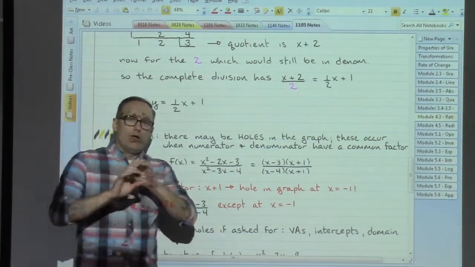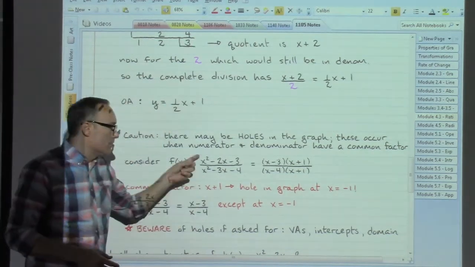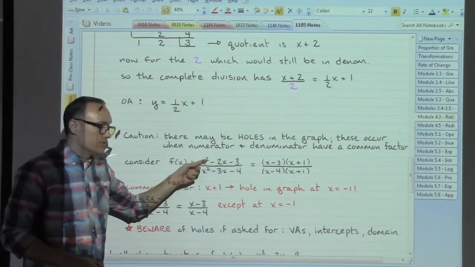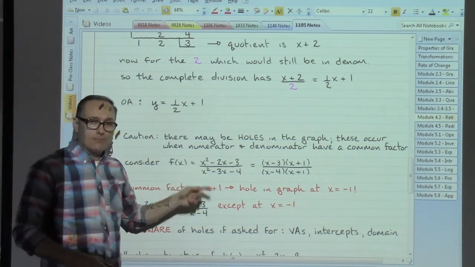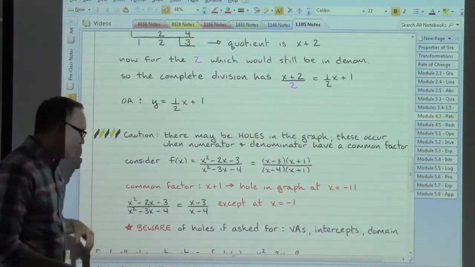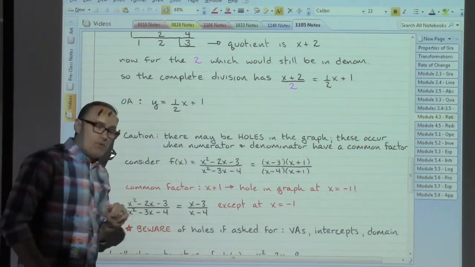Every other vertical asymptote, every other horizontal asymptote, because this one's degree of the top is 2, degree of the bottom is 2, that's got a horizontal asymptote. We're going to be aware of those holes.